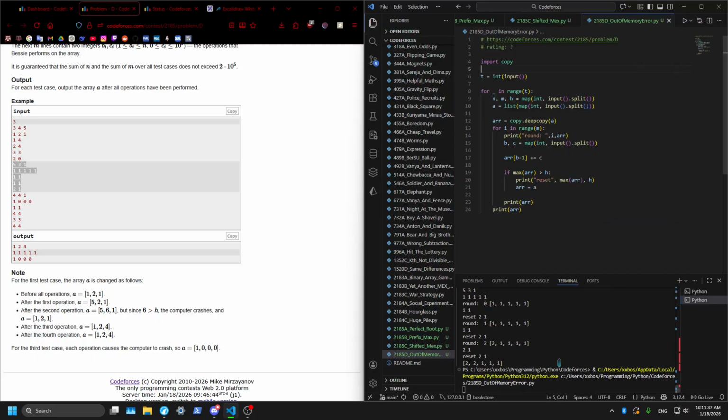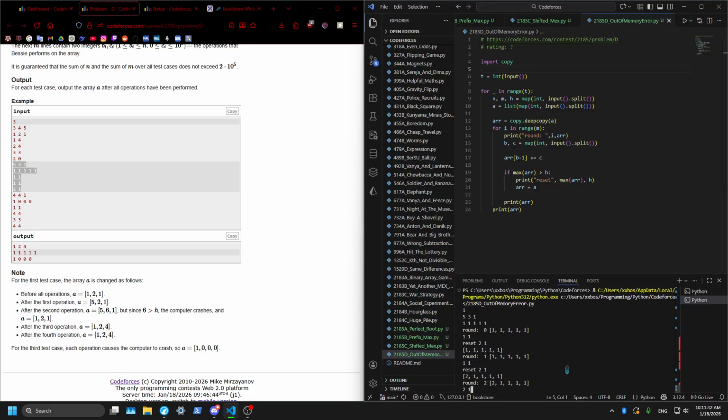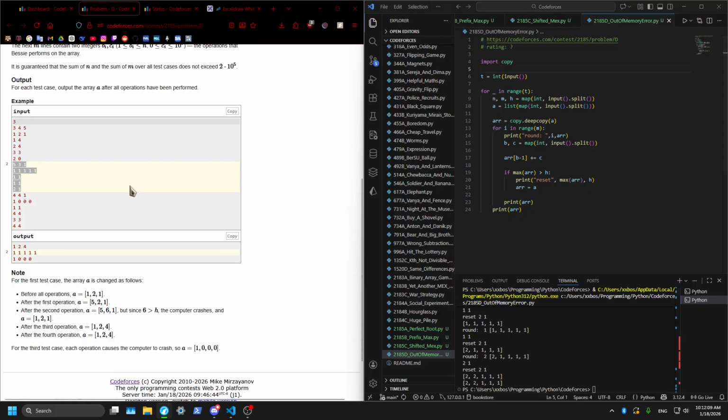Bro, why am I spending so long debugging this? Why is it not getting reset here?